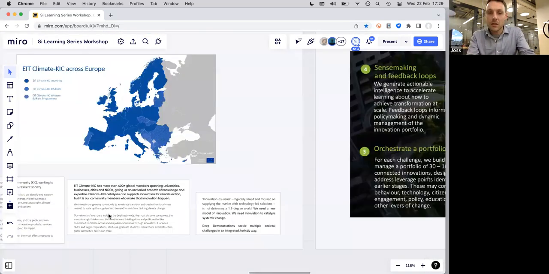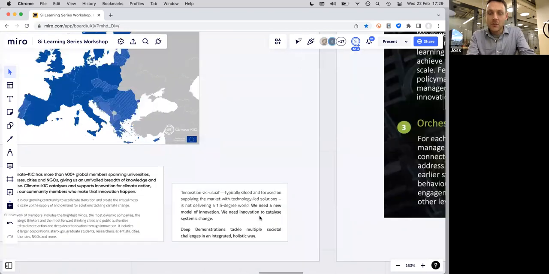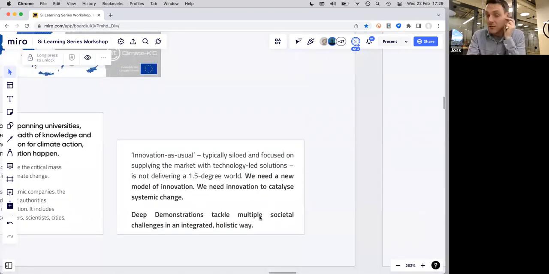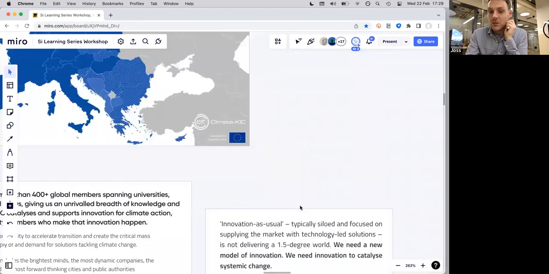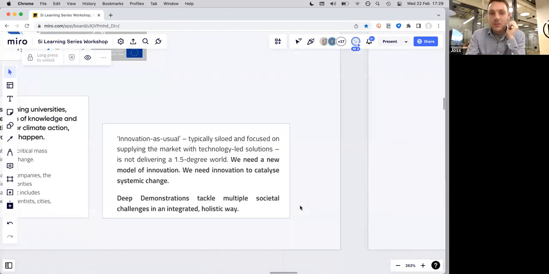Okay, so they're trying to move away. It was an interesting development because this is the European Institute of Technology, which is quite a traditional institution. And they saw a number of years ago that this innovation as usual, which is typically quite technologically driven, wasn't getting them to where they wanted to go on climate change.